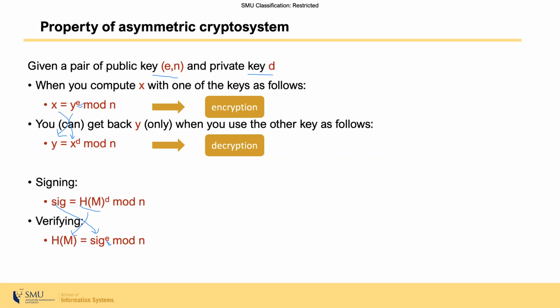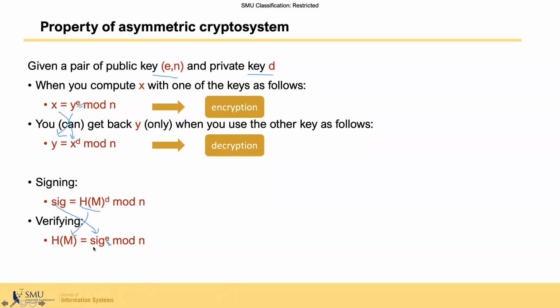And then verification means that everybody who wants to verify your signature should be able to verify. That means the key that is available to everybody, the public key. That is the reason why in verifying, we are using a public key, all right?